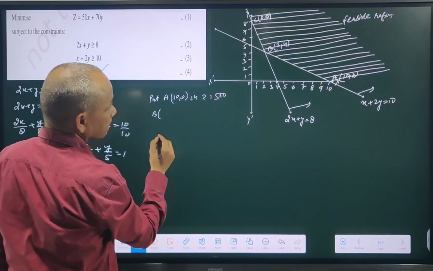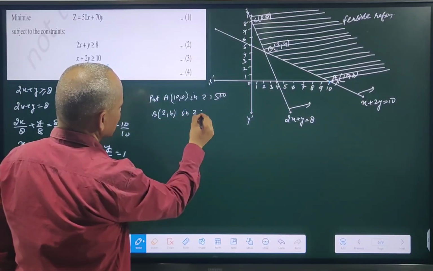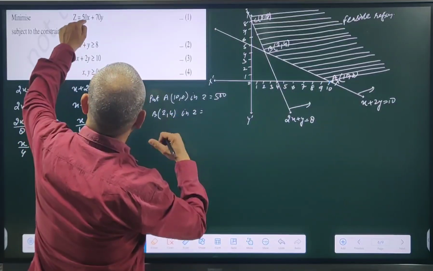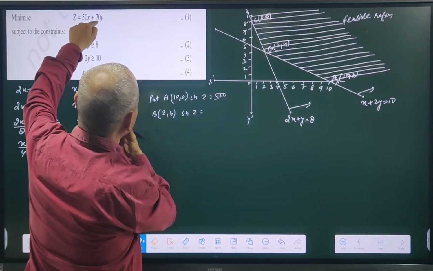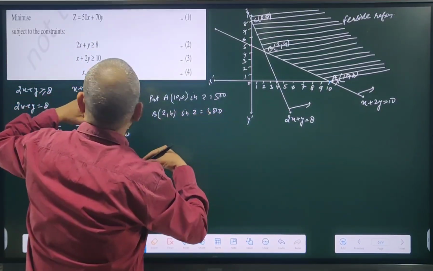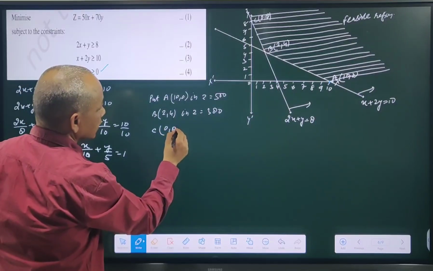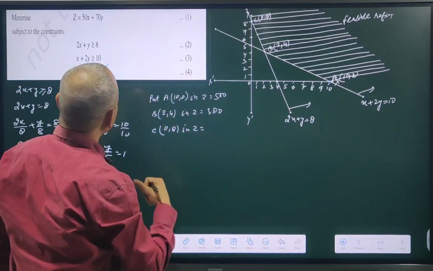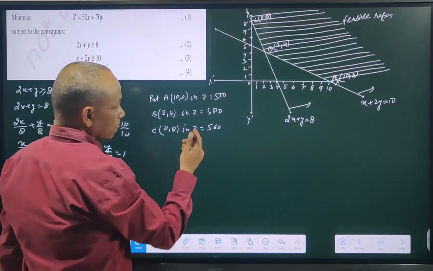Point B, that is 2, 4, in Z: 2 into 50 is 100, 4 into 70 is 280, that is 380. And C, point 0, 8, in Z, 560.